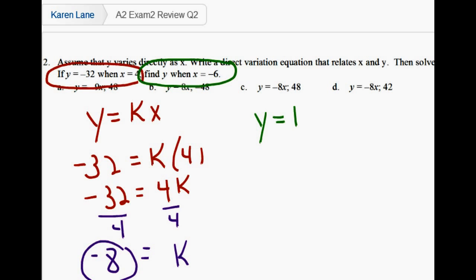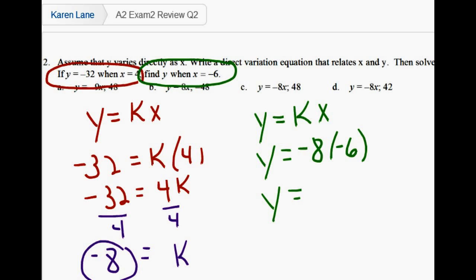So our formula is y equals kx. Now we know that k is -8. They tell us that x is -6. So y equals -8 times -6. Y equals +48.